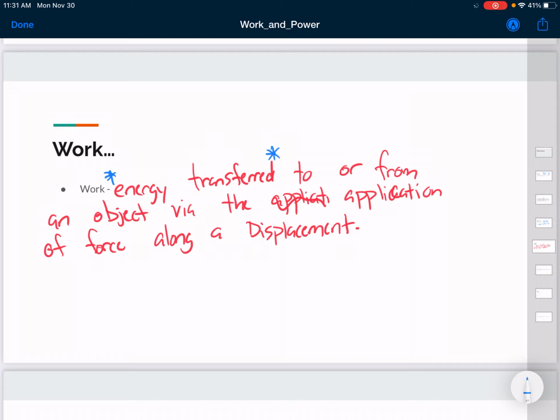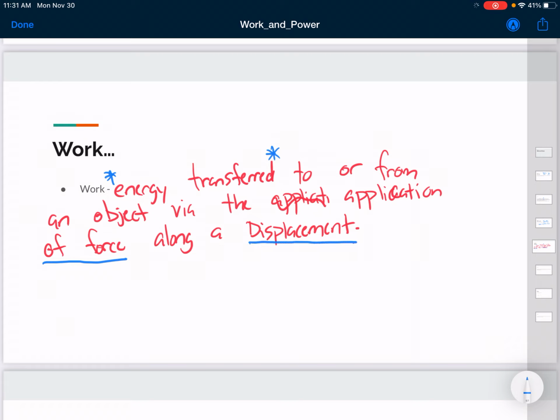That's really important in this process, okay? So we're going to talk about things like energy transferring from potential to kinetic or kinetic to potential, okay? We're going to look at how that applies to objects, okay? And then the last part of this definition, of an object via the application of force along a displacement.